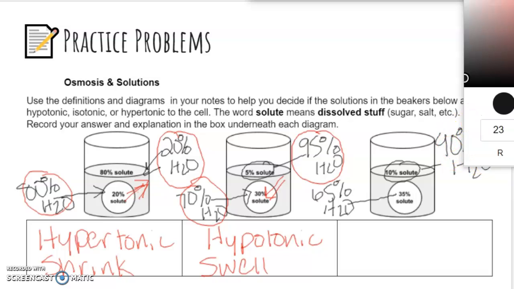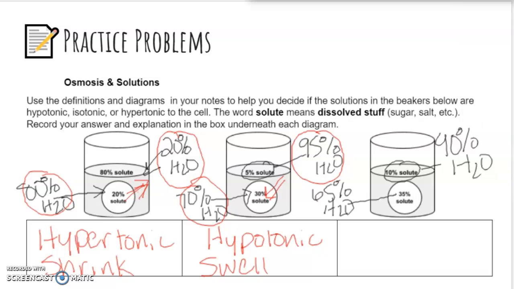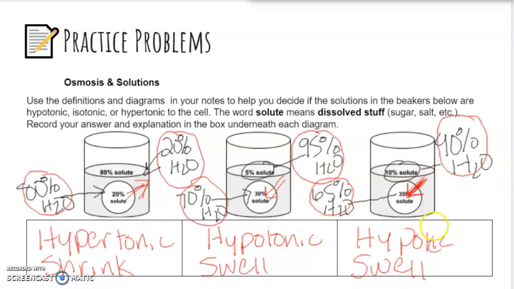So we are going to go from an area of, again, high to low. We have water that's 90% outside and water that is 65% inside the cell. Moving from an area of high to low, we know that the water is going to flow into the cell. And because it flows into the cell, it's going to swell, and we have a hypotonic solution. Oops, tonic, I just spelled tonic wrong, sorry. There you go, hypotonic solution.